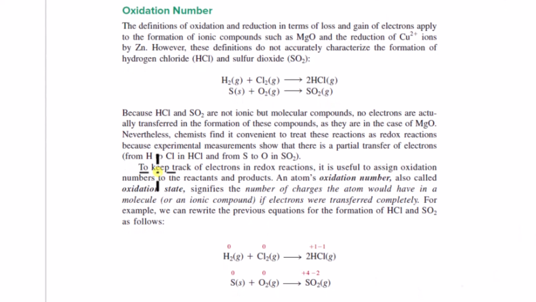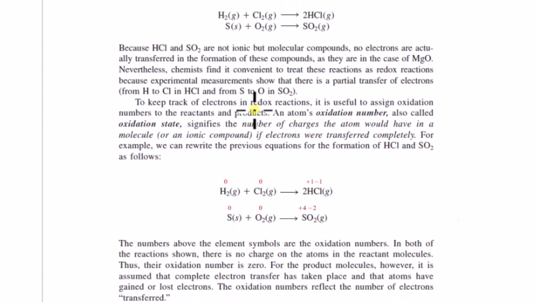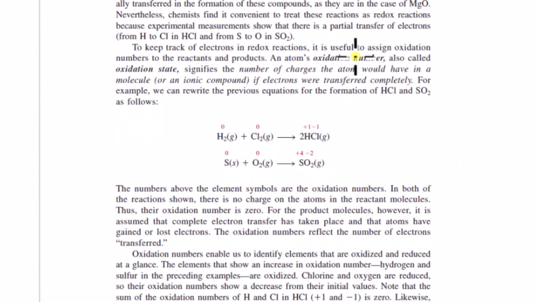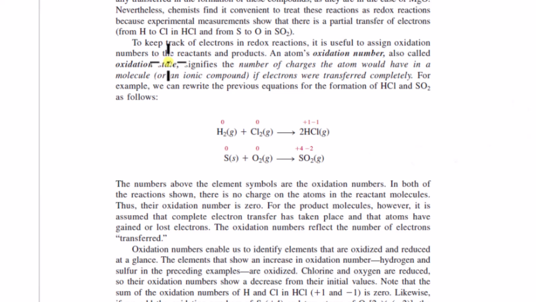Okay, so to keep track of electrons in redox reactions, it is useful to assign oxidation numbers to the reactants and products. An atom's oxidation number, also called its oxidation state, signifies the number of charges the atom would have in a molecule or an ionic compound if electrons were transferred completely.